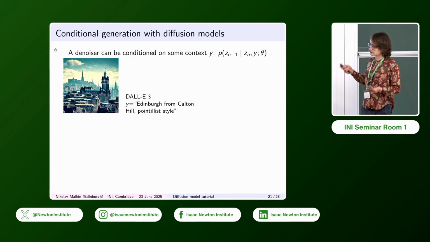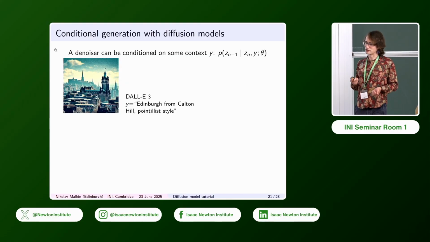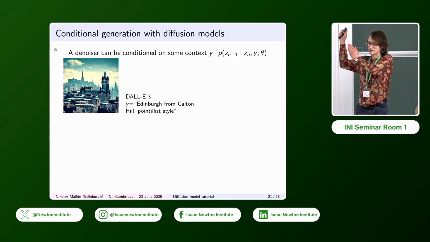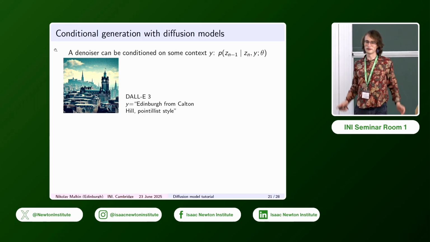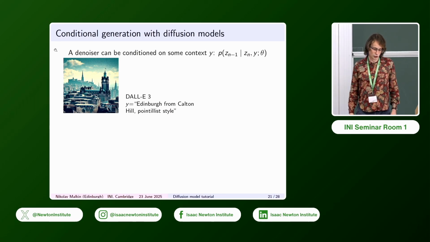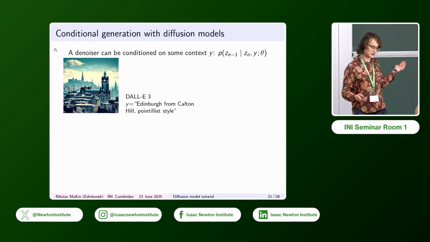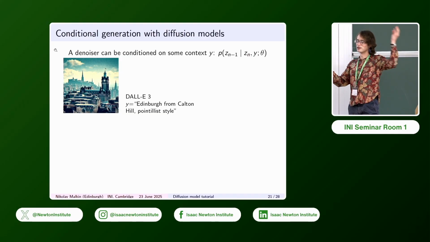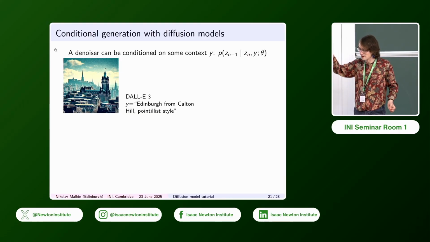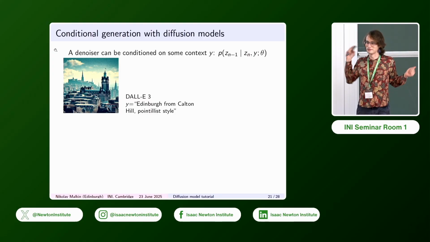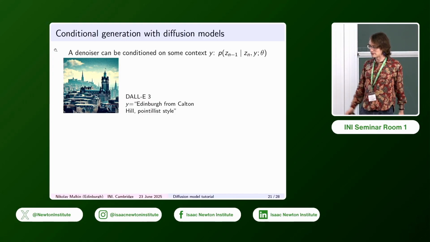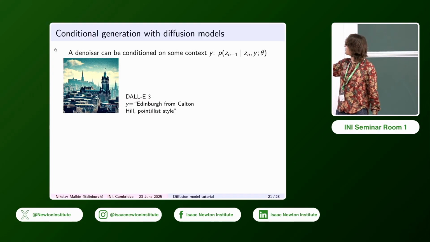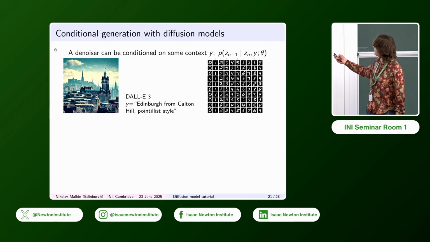Say if I want to generate not just pictures, but pictures given a caption, I just give the caption as an input to all the learned objects involved in my model. So if I have a data set of images together with captions, I just have to make the model I train, which approximates the conditional expectation of Z0 given Zn, take the caption as an input. So of course the model can be made conditional. So image given caption, what else?